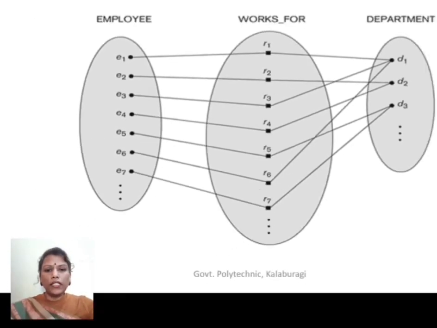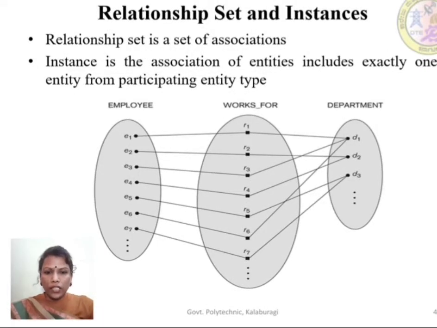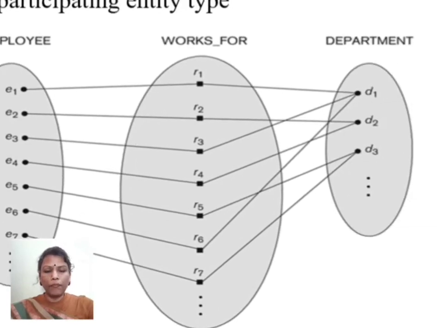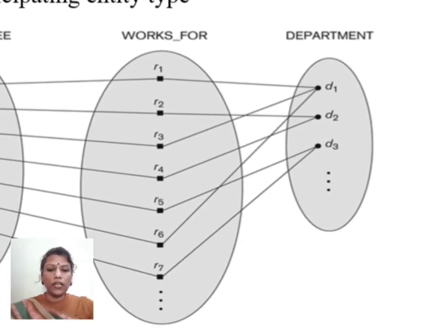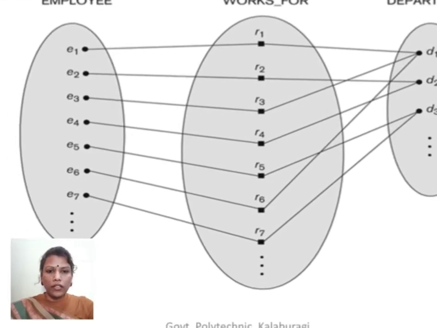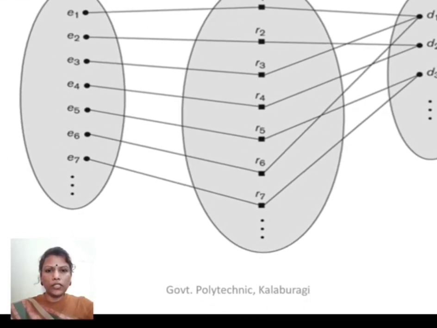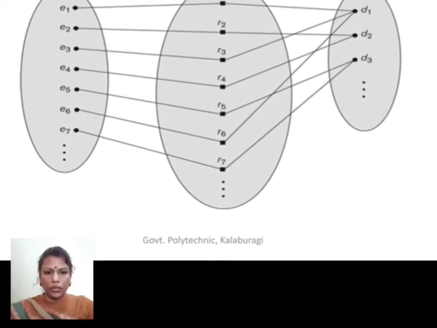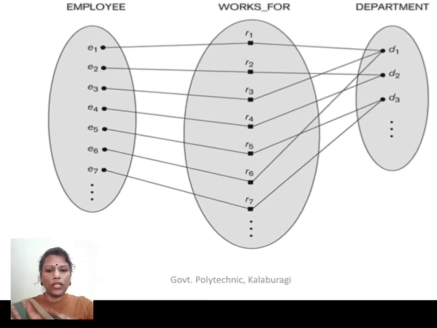Let's see the definition once again. Instance is the association of entities. That means here we are having two entity types. Employee is one entity type, department is another entity type. Inside employee entity type, we are having 7 entity instances. Inside department, we are having 3 department instances. In this relationship instance, it tells which instance of employee is associated with which instance of department.